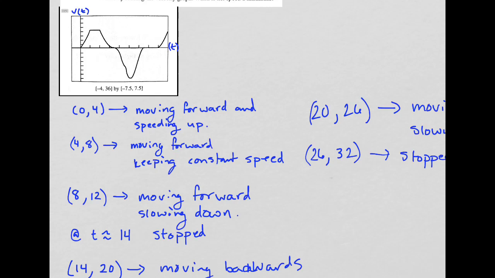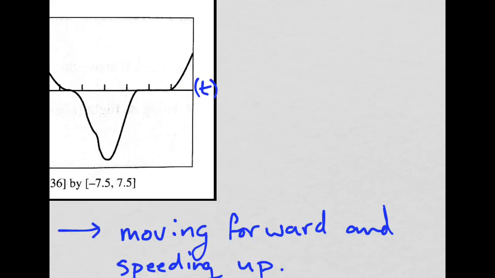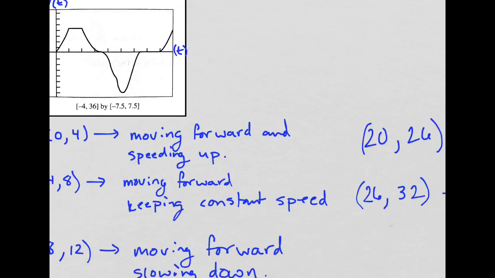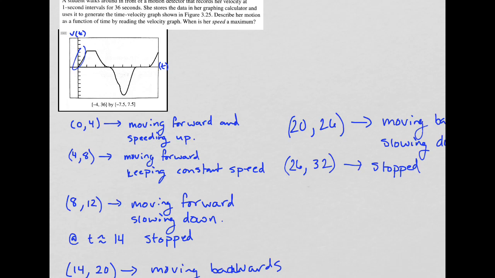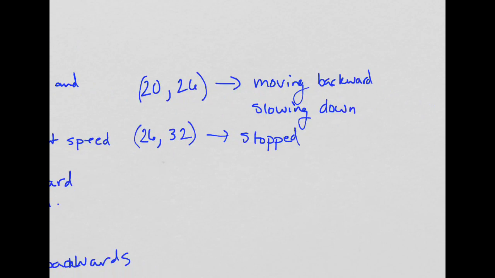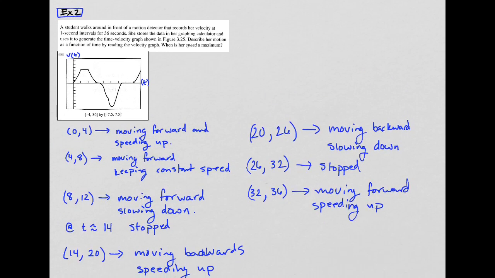I mean, you can't go forward and then move backward without stopping at some instant. No matter how small it is, it's still stopped for an instant. And then on this interval, she stopped for a while, and that's why we see 0 velocity for a few seconds. And then after that, it's the same as this, it looks like. So she's moving forward and speeding up. That was quite lengthy. Hopefully it makes sense though.